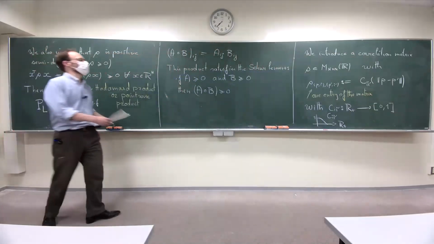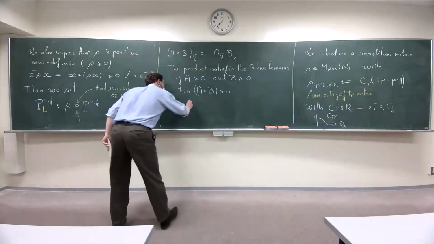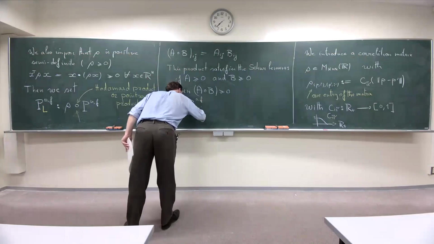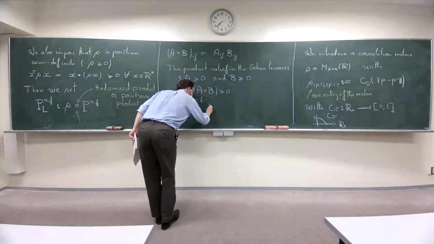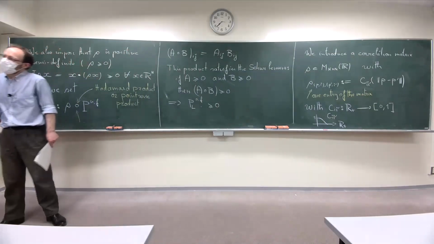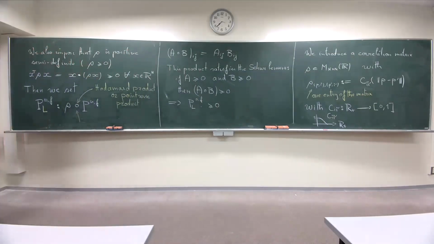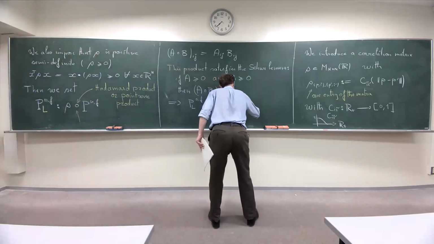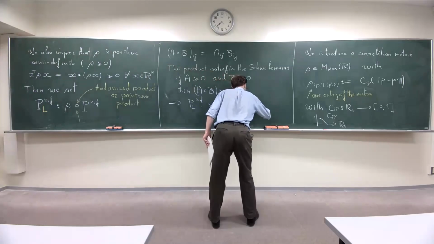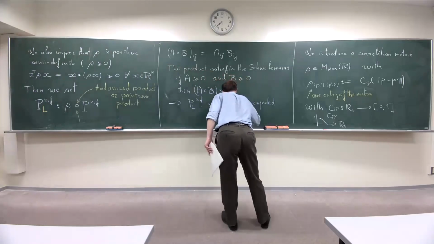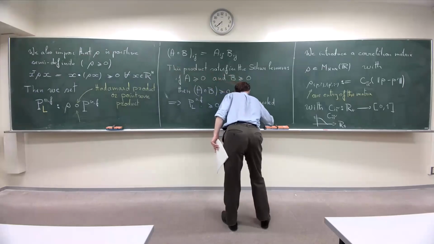So it means that our new correlation matrix L is also bigger or equal to 0, which is what you expect for a correlation matrix.